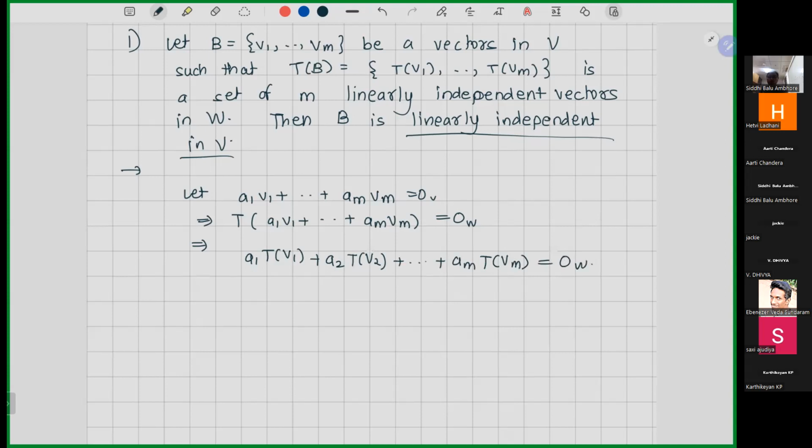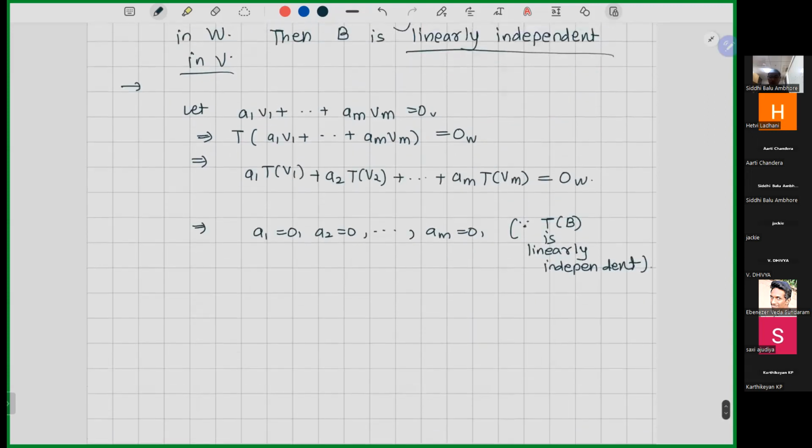But what I know is that these are elements from TB, and TB is a linearly independent set. So what does this imply? a1 is 0, a2 is 0, and so on, am is 0, since TB is linearly independent. So we started with this linear combination of v1 to vm with some coefficients and we ended up getting all the coefficients to be 0.